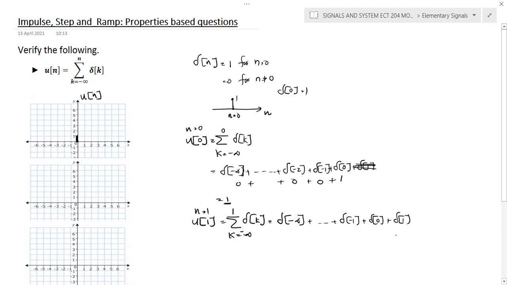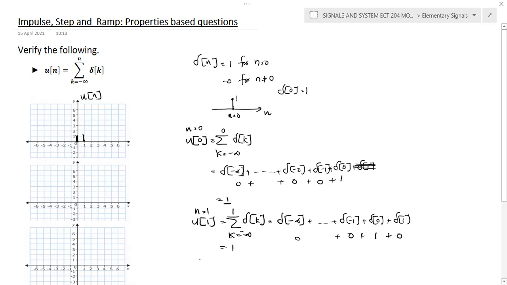So you can write up to del of 1. And if you observe this particular term, we know that del of 0 is equal to 1, and for all other values of n, the del of n function is 0. Here also del of 1 is 0. So finally you'll get again 1. So when you calculate the value at n is equal to 1, you will again get 1. That is u of 1 is equal to 1.